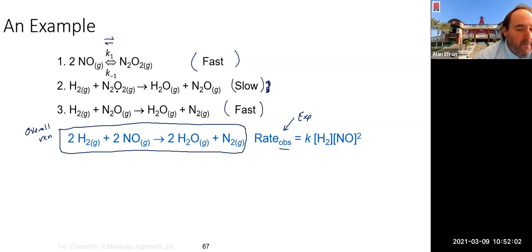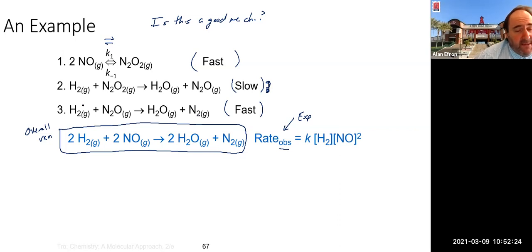For each of these steps, we can write a rate law. And what we're trying to do here is determine, is this a good mechanism? Is this a possible way that this reaction can proceed?